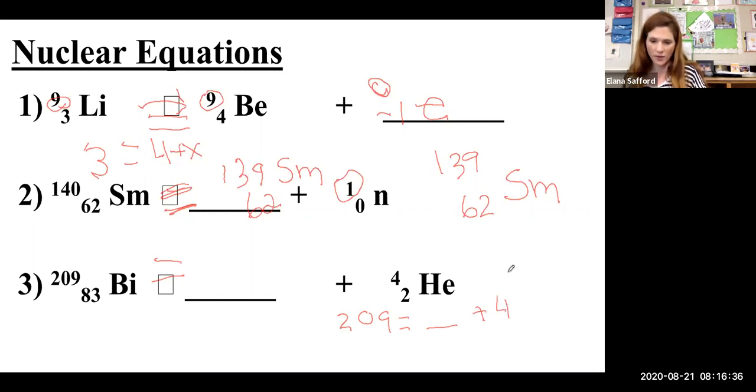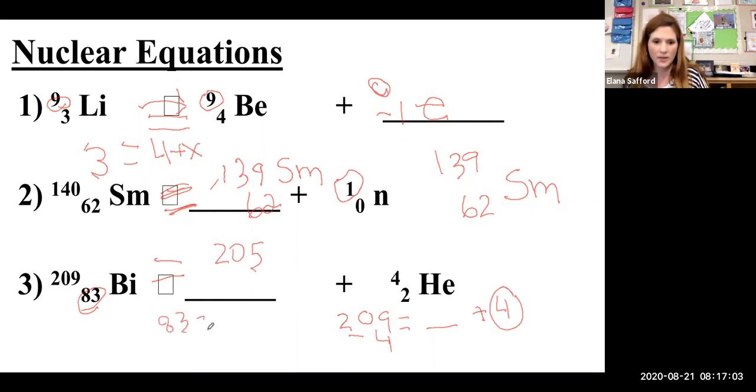So if I was solving for x, I know I could take this 4 and just move it to the other side to give me my answer. So it's 209 minus 4 is 205.